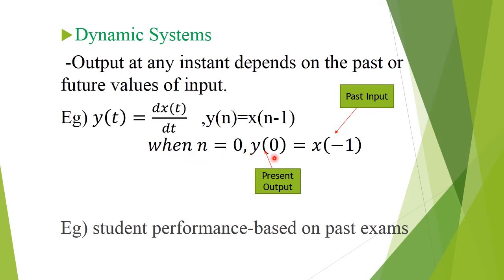So y of 0 is equal to x of minus 1. y of 0 is the present output and x of minus 1 is the past input. So here present output value depends on the past input. So it is called as dynamic system. Another one best example is student performance. Based on the past exams, the marks will be allocated based on the previous exams.